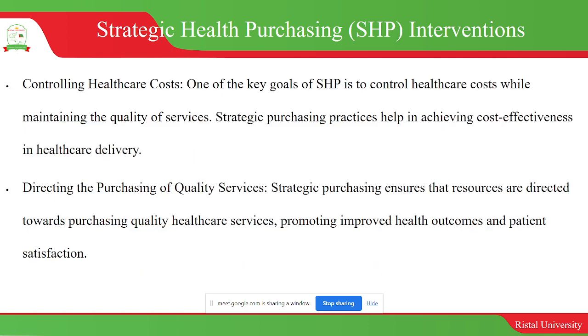Okay, so we need to control healthcare costs while maintaining the quality of healthcare services, and the strategic purchasing practices help in achieving this. Strategic purchasing ensures that resources are directed towards purchasing only quality healthcare services and promoting improved health outcomes.